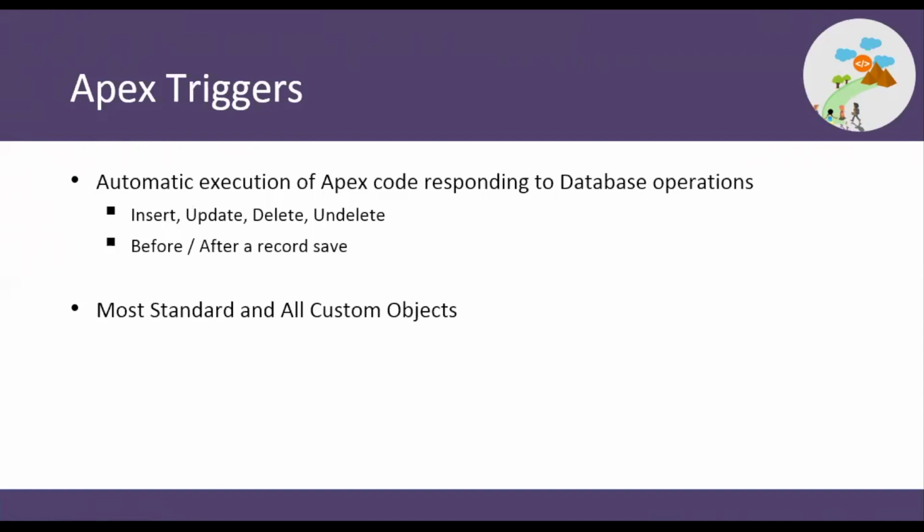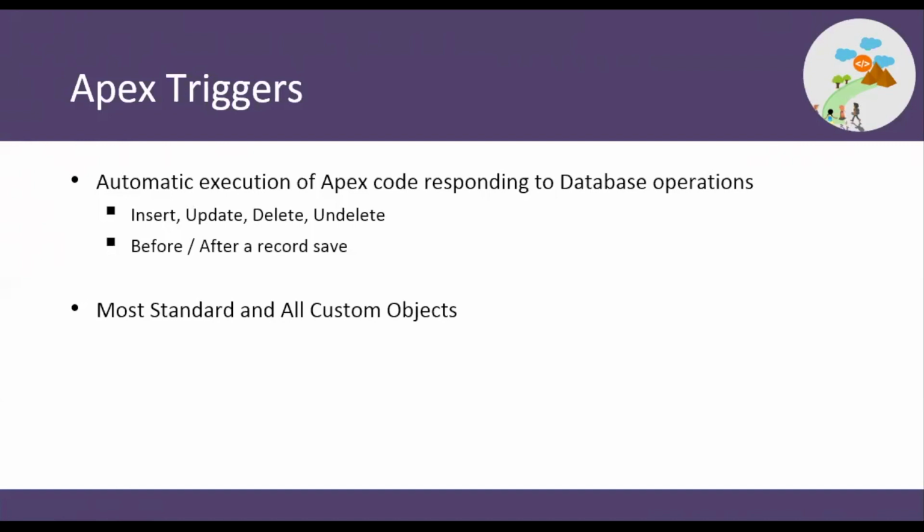Just to take a step back and give people a refresher of what Apex triggers are. Triggers are nothing but Apex code that executes in response to database operations. Whether you are inserting a record, modifying a record, deleting a record, or undeleting a record, you can write triggers on that.